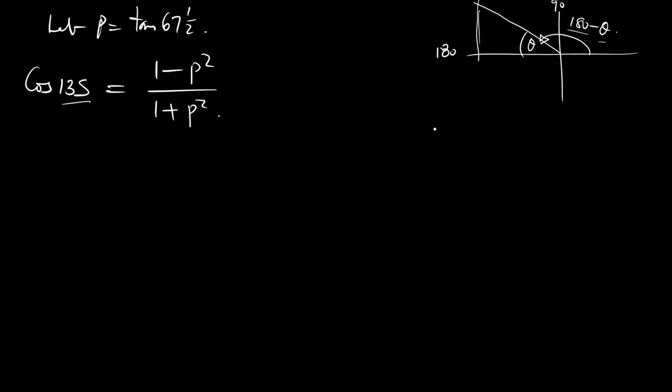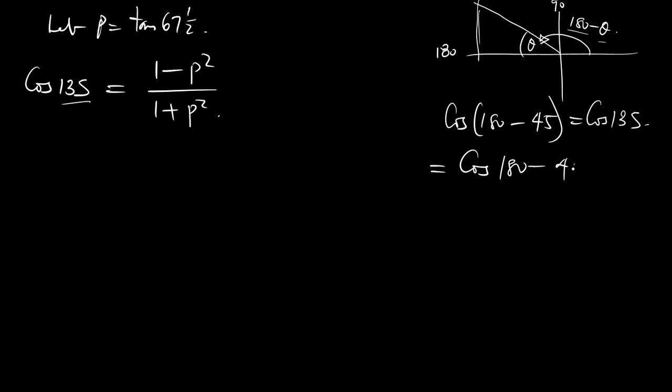That angle is 45. So cos 135 is cos of 180 minus 45. Now, in the second quadrant it's only sine that is positive, so this will be negative. So it will be minus cos 45.